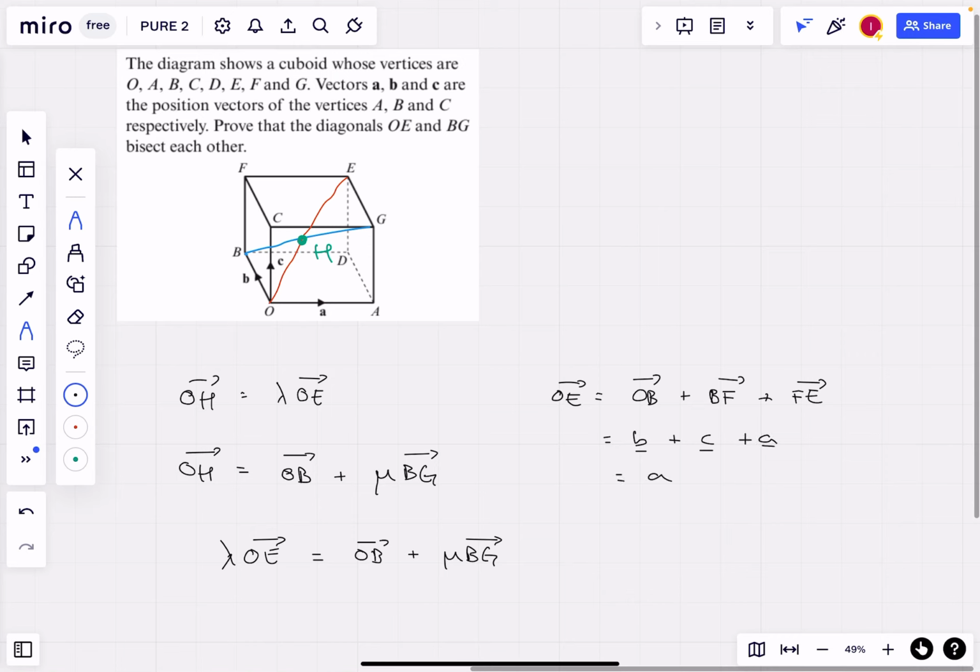So A plus B plus C. Cool. OB is just B, and then BG.